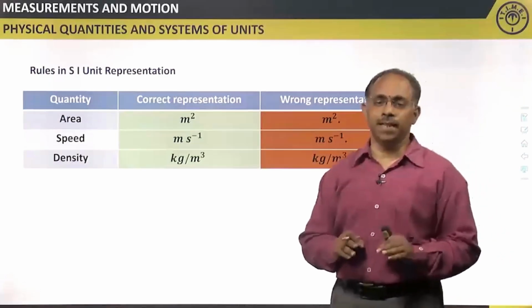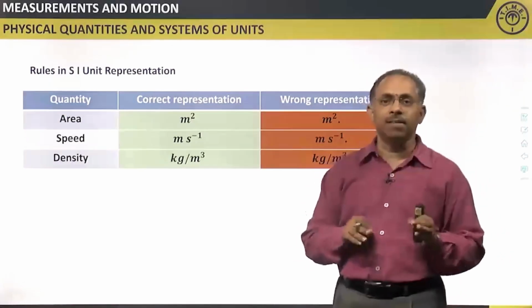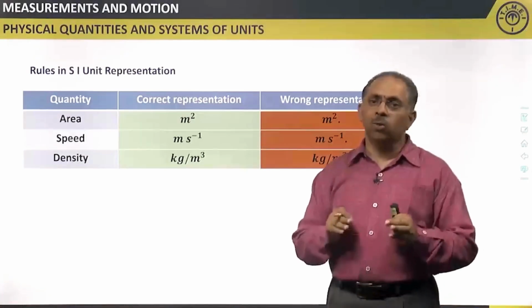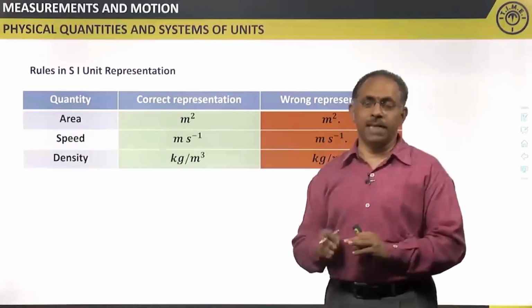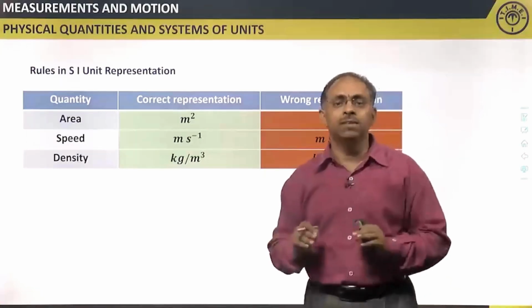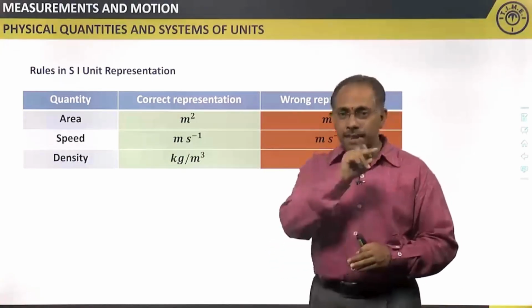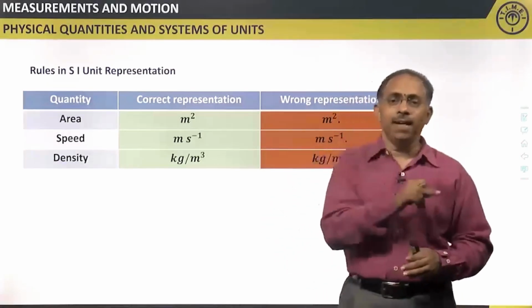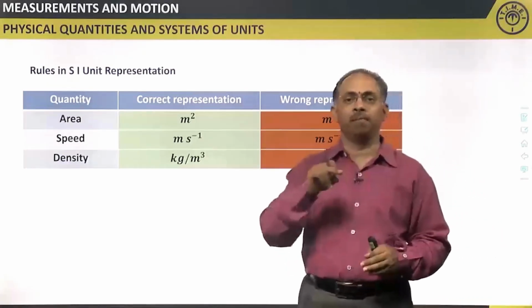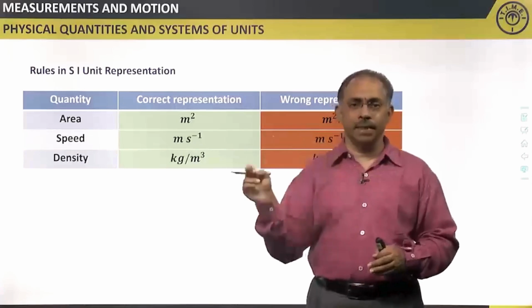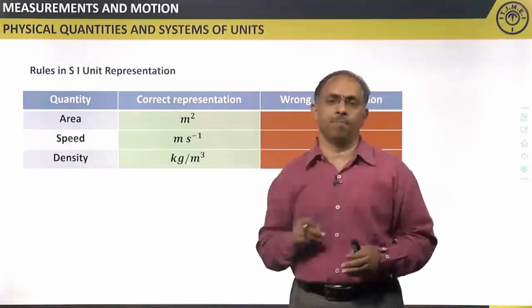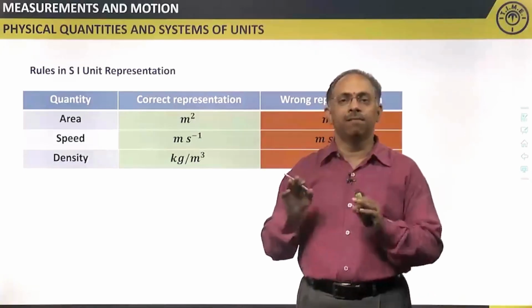For example, if I say, a train traveling at 20 meters per second increases its speed to 30 meters per second in 5 minutes.